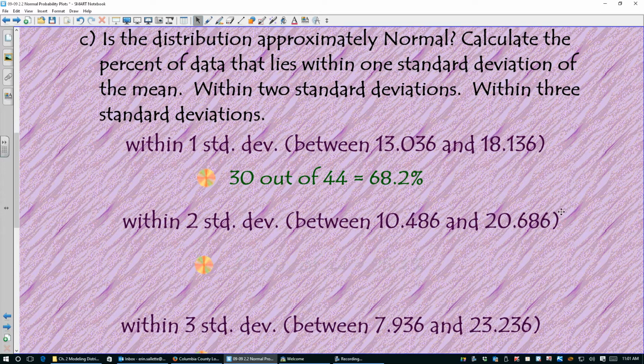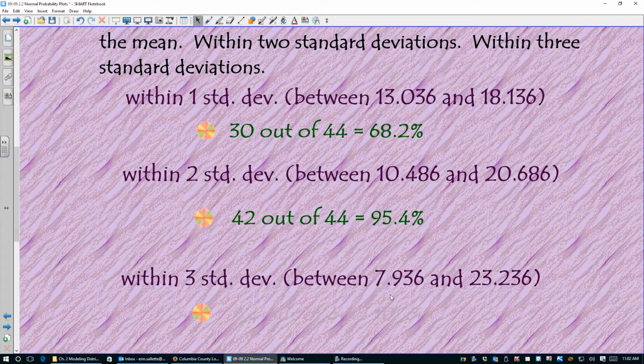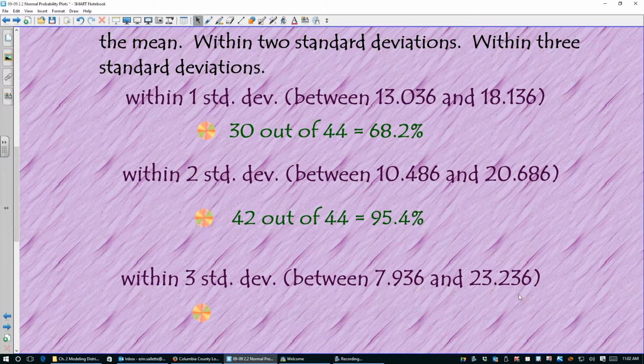Add another standard deviation and subtract another standard deviation, and I get a new range. Between 10.486 and 20.686, I find 42 out of the 44 shark lengths. And within 3 standard deviations, between 7.936 and 23.236, I find all 44 out of 44. So I see 68%, a little bit more than 68, a little bit more than 95, and a little bit more than 99.7, but it's really close.